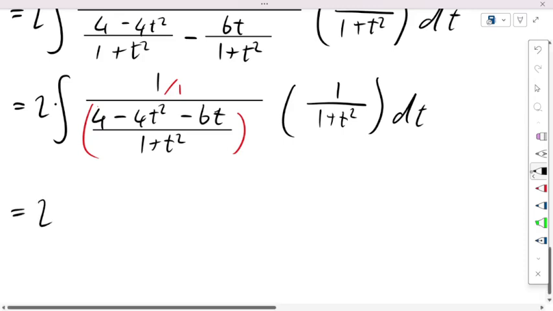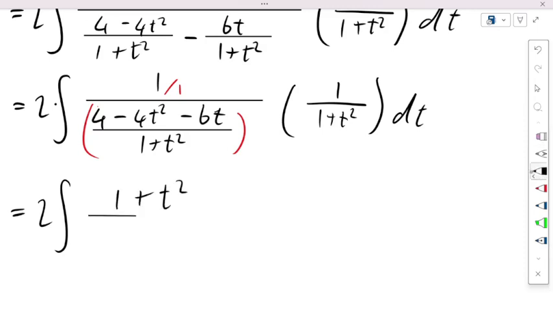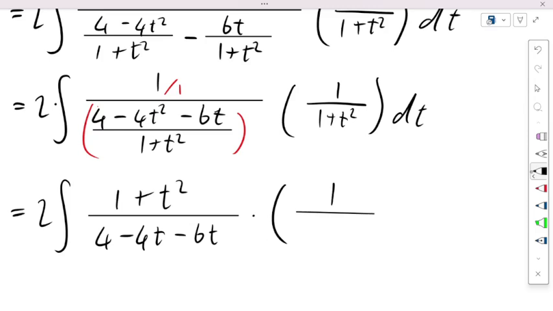And I'm going to skip this step so that we are left with 1 plus t squared divided by 4 minus 4t minus 6t multiplied by 1 over 1 plus t squared dt. Obviously in this step I kind of skipped it because I flipped it, okay, so that I get all of this. And then what do we notice?